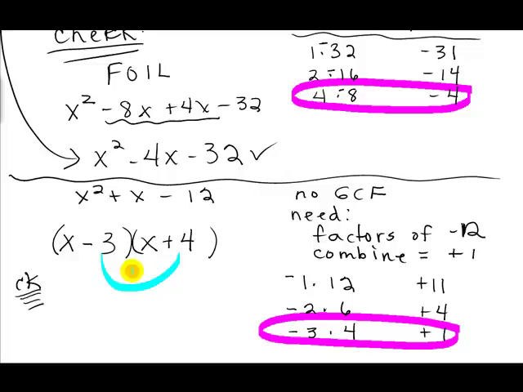When we look here and we're multiplying, negative 3 times positive 4 does equal negative 12, which is what I have here. I can do a quick check also of the middle.